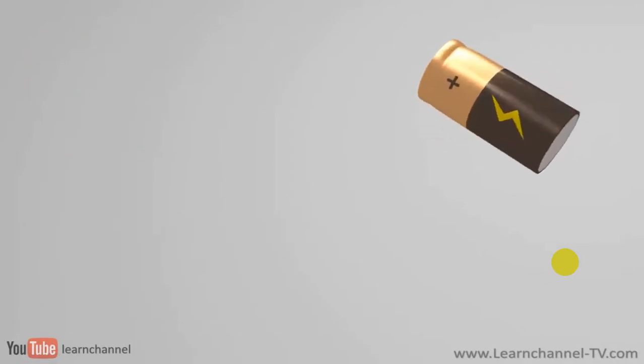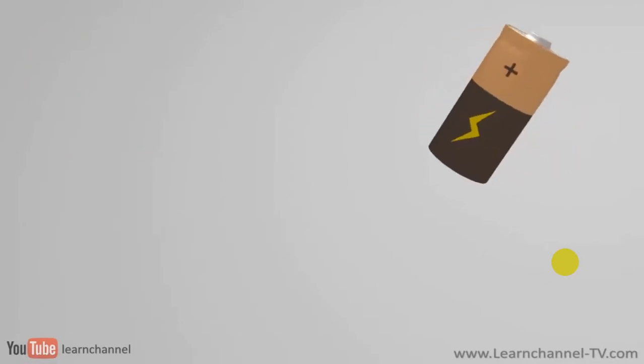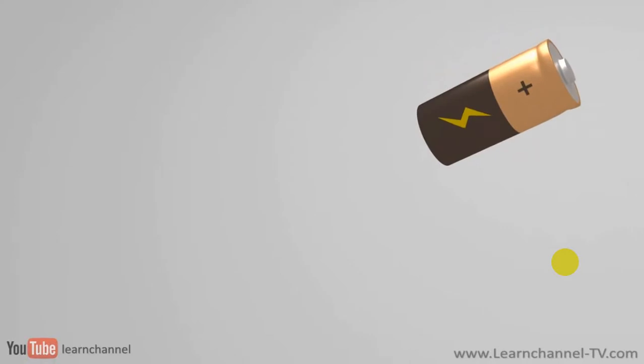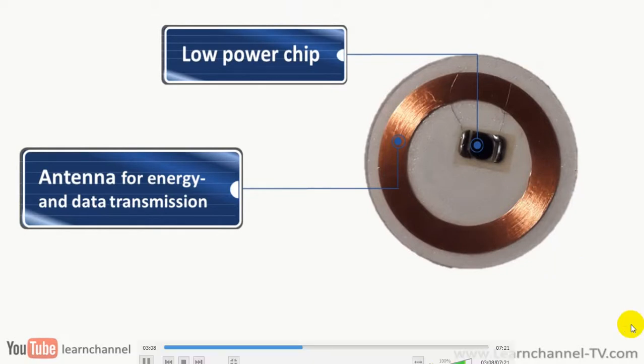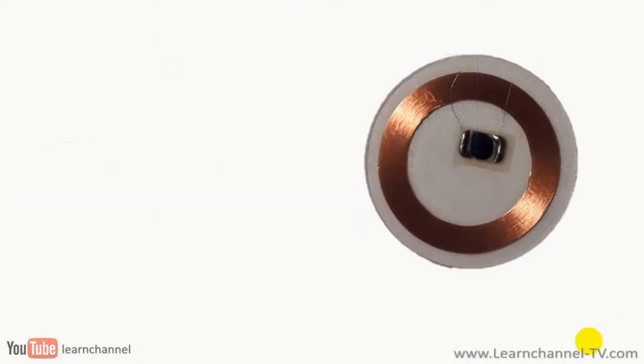But wait, each electronic device must have an energy source, and batteries are bulky, and you have to recharge them. Passive RFID transponders resolved this problem by receiving their required energy completely via an electromagnetic energy field from the RFID read-write device. Furthermore, data can also be transmitted bidirectionally via this energy field.